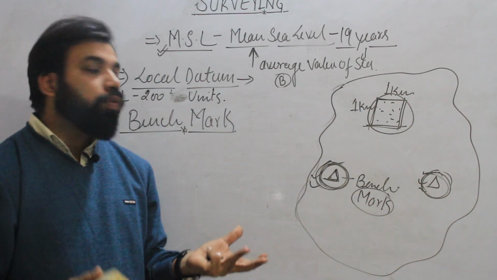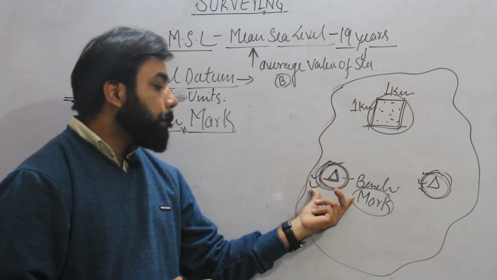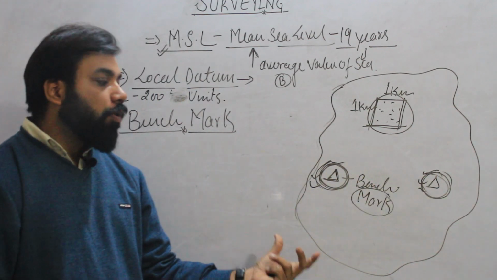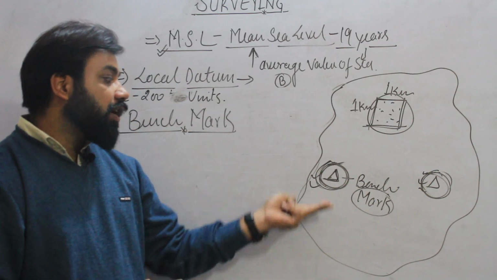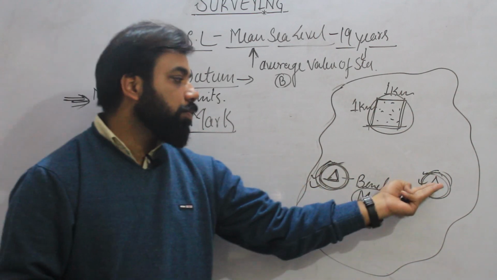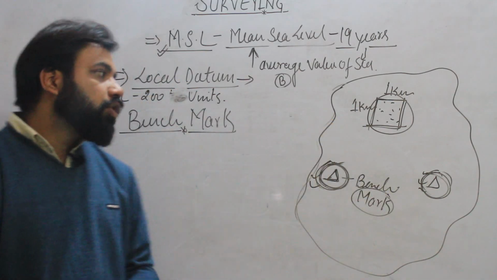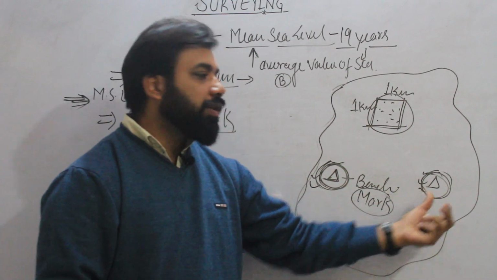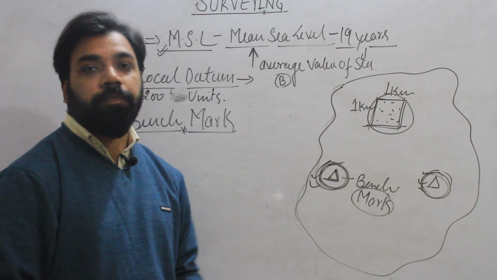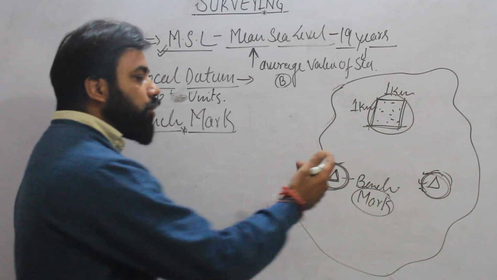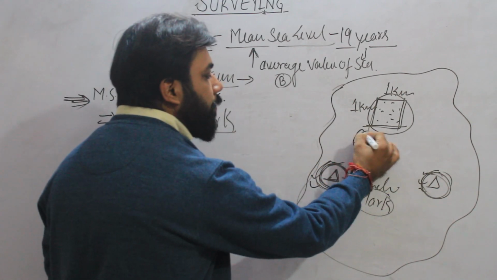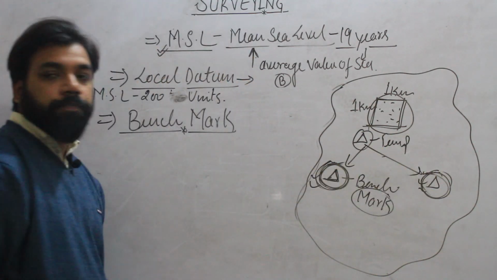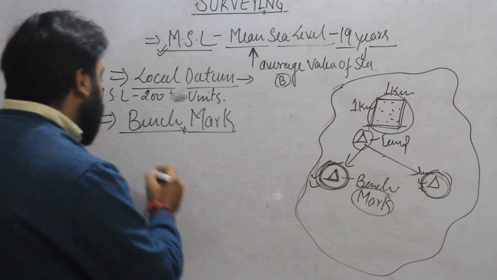So we have to know some points which have been taken with the help of mean sea level. If we have mentioned the height of these 2 points correctly, then with the help of these 2 points we can establish new local or temporary points. So benchmark is of 2 types.